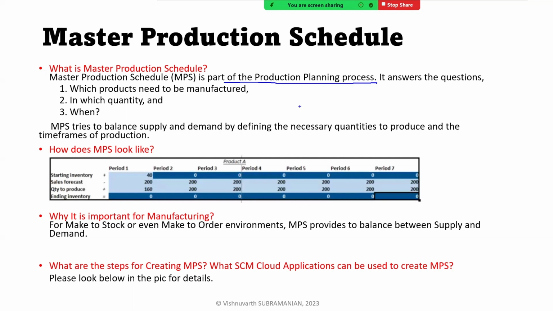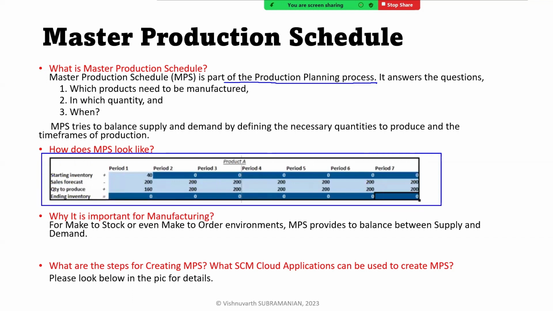So this is how a master production schedule looks. The master production schedule gives you a starting inventory, which is how much inventory you have on hand, which includes your shop floor, your inventory warehouse, and other locations. What is your sales forecast? What is the forecast which your sales team has shared with the planning team?